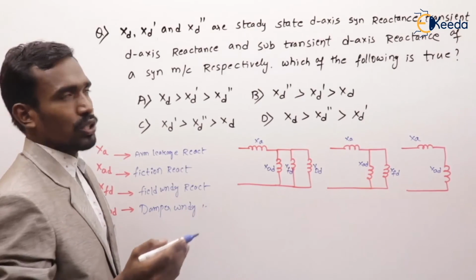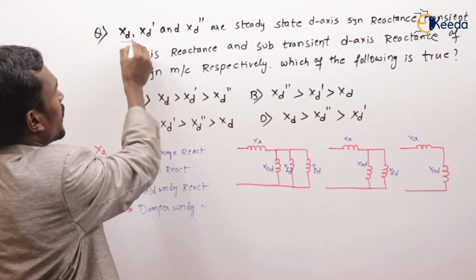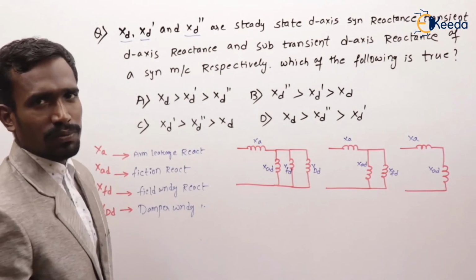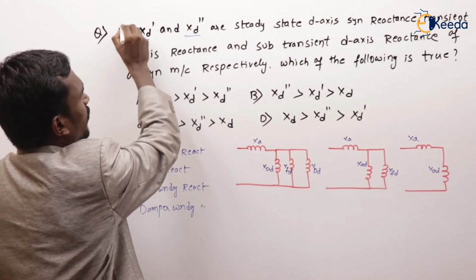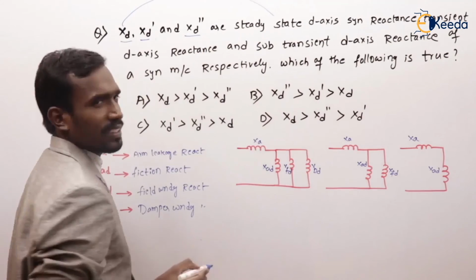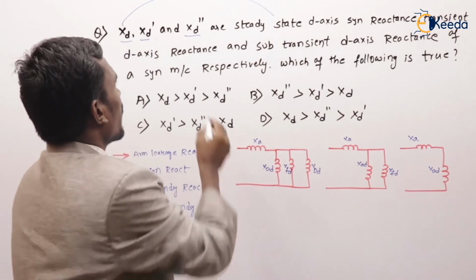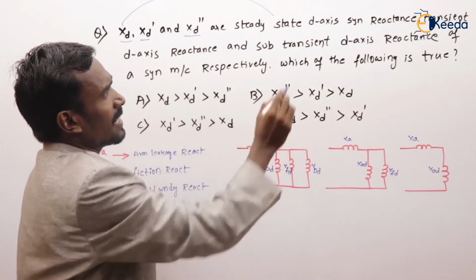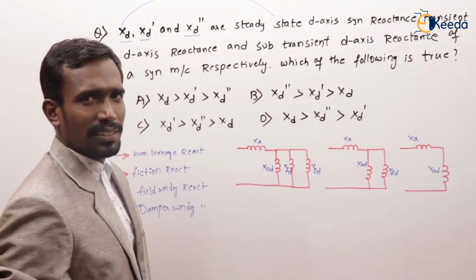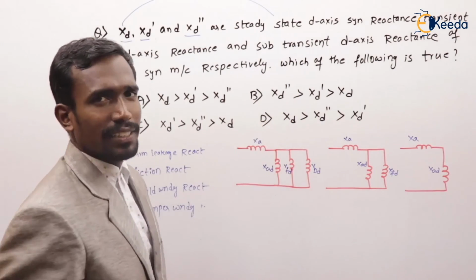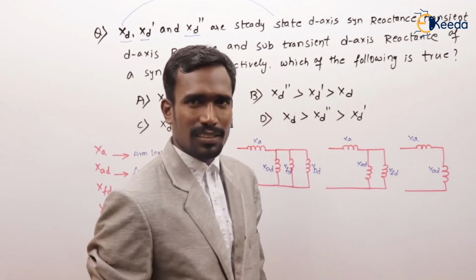Right, next question. XD, XD dash, XD double dash. XD is the steady state D-axis synchronous reactance. XD dash is the transient reactance. XD double dash is the subtransient reactance along the D-axis.